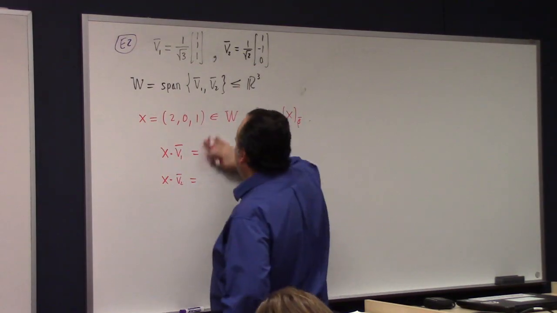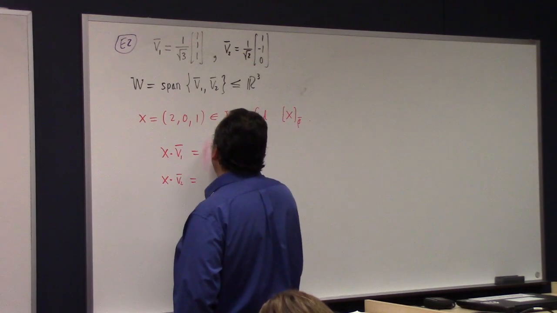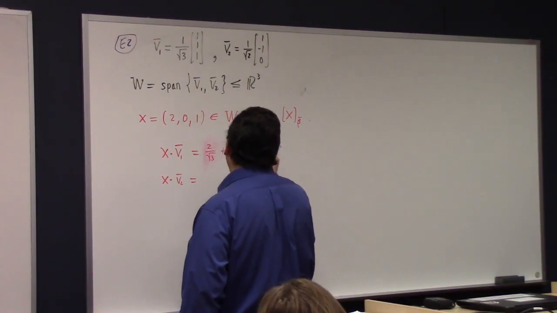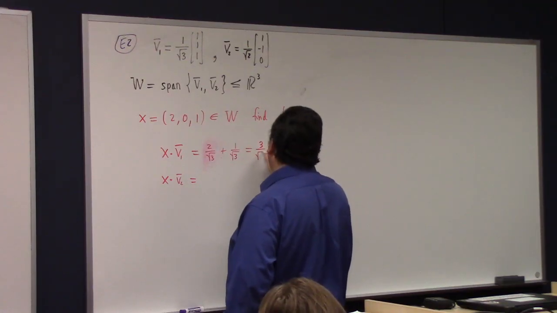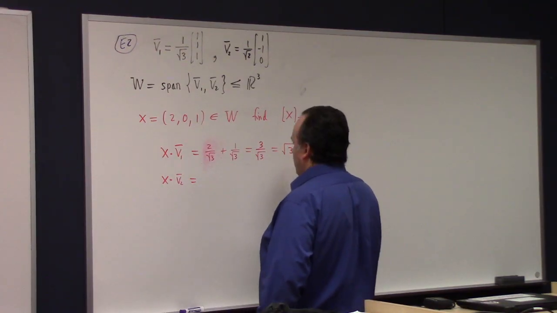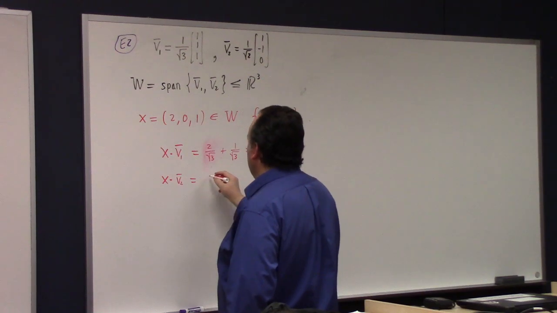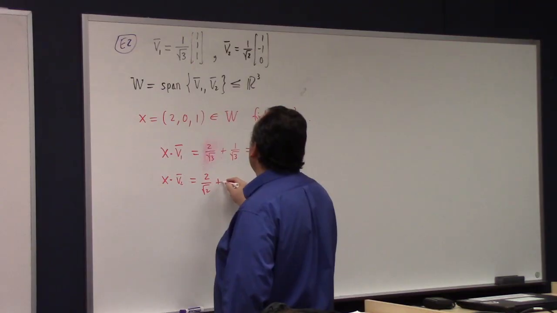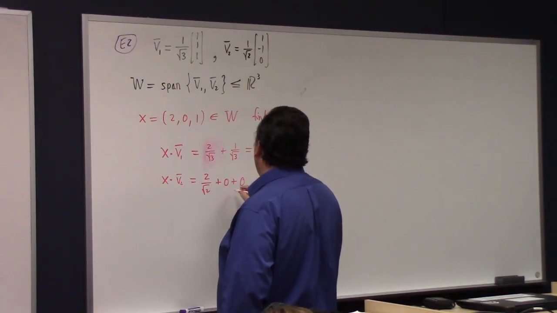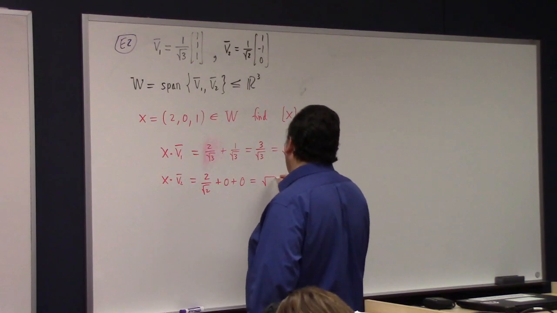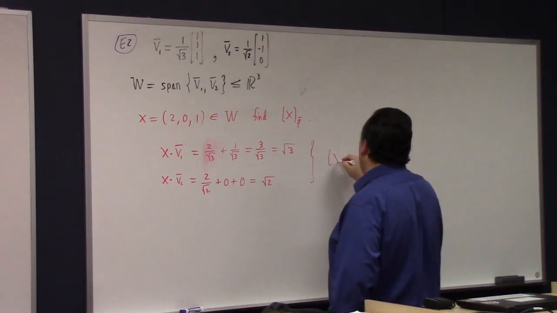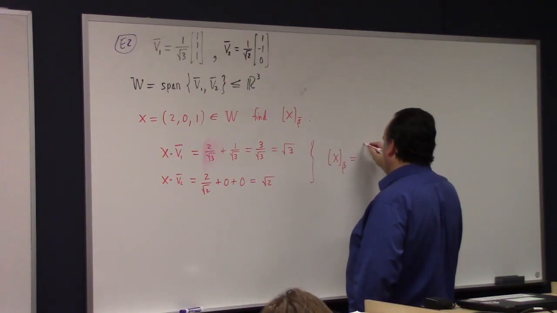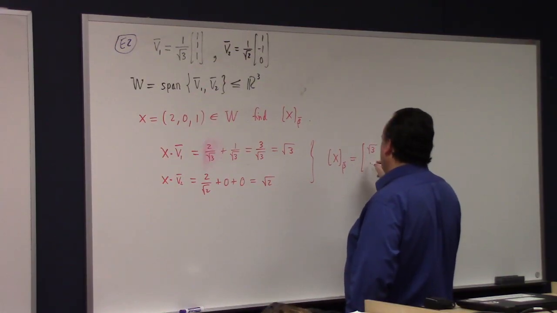Fine, I'll write it out. 2 over root 3 plus 1 over root 3, also known as 3 over root 3, also known as root 3. x dot v2, on the other hand, is 2 over the square root of 2, plus 0 plus 0. So we just get square root of 2. Therefore, the coordinate vector of x with respect to the beta bar basis, in this case, is simply square root of 3, square root of 2.